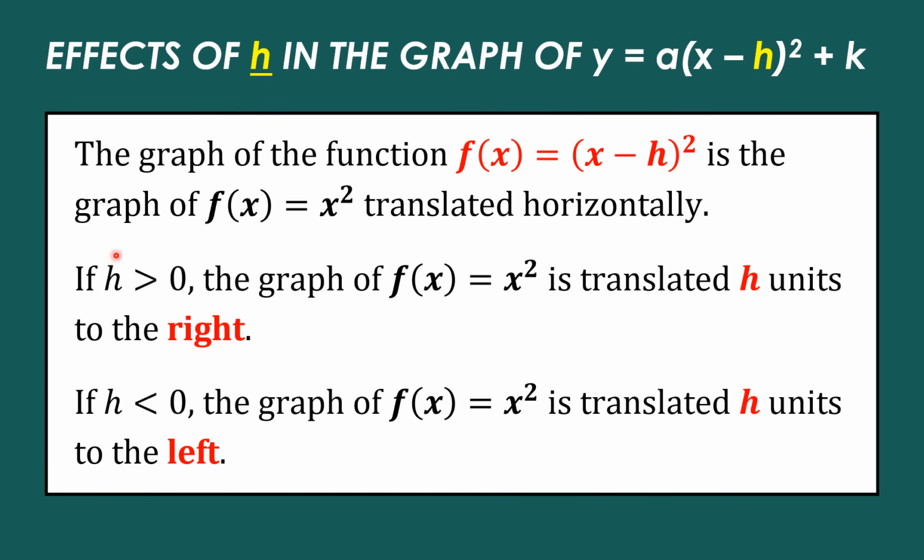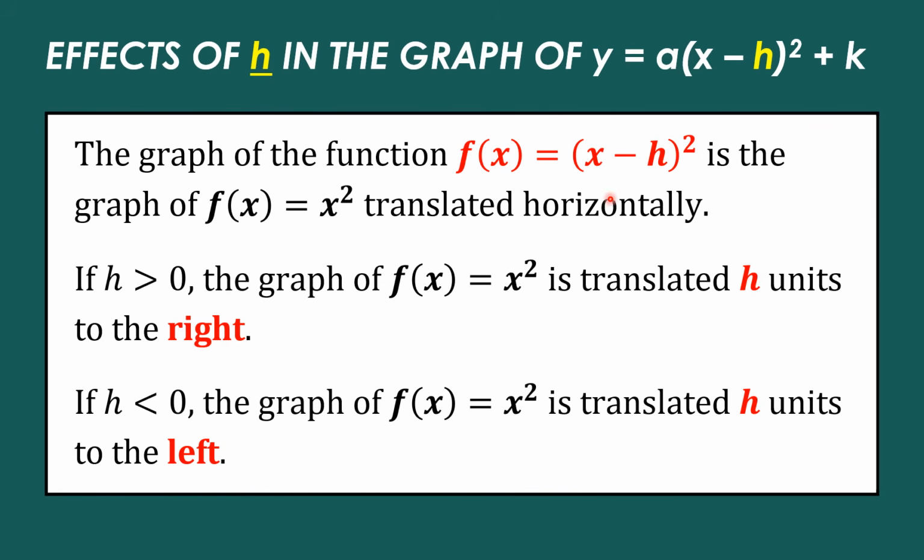That means if the value of h is greater than 0, then the parent function will be translated h units to the right. But if the value of h is less than 0, then the parent function will be translated h units to the left.